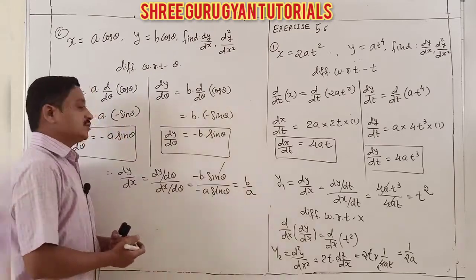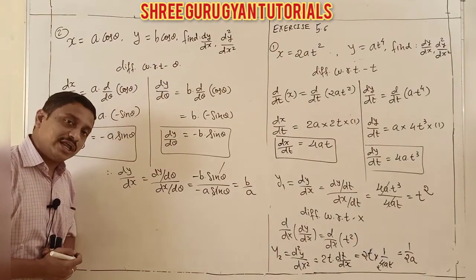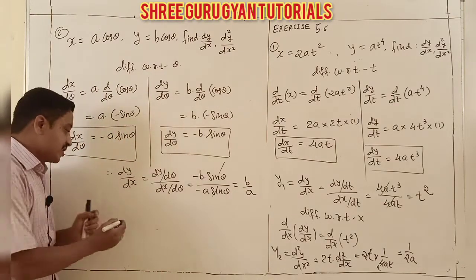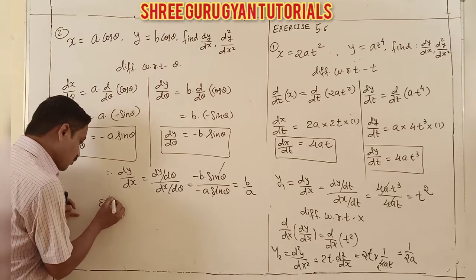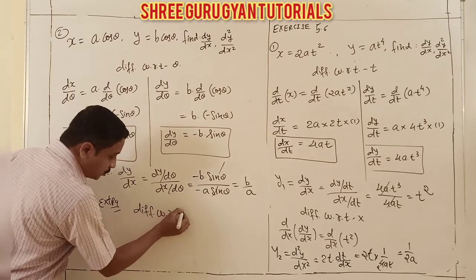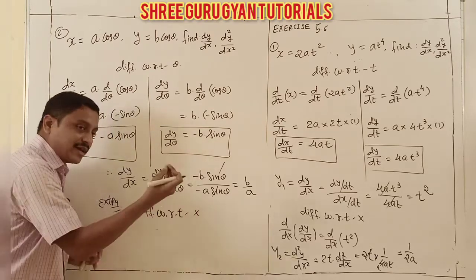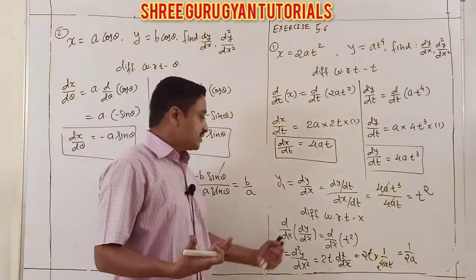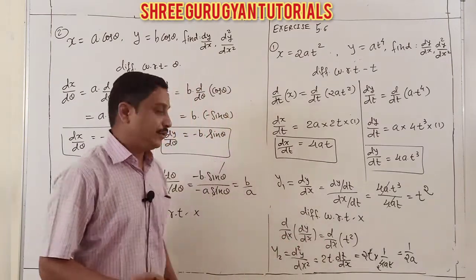And students, here the textbook numerical first order derivative is fixed. I go to the extra. For second order derivative, differentiation with respect to x now, students, because I want the second order derivative.